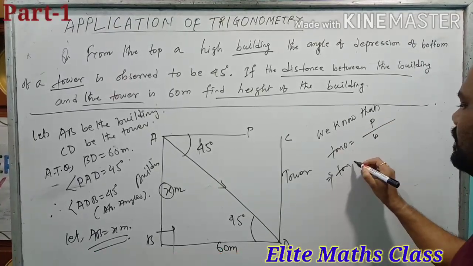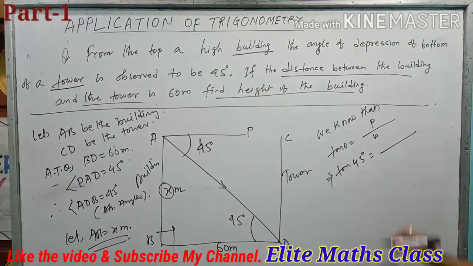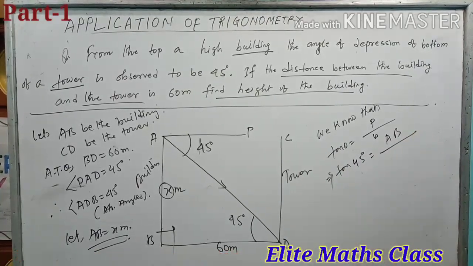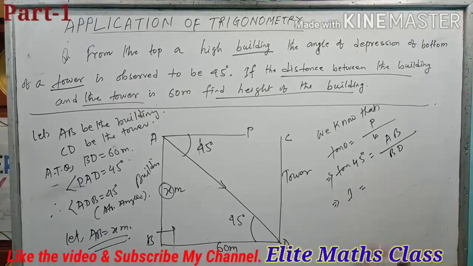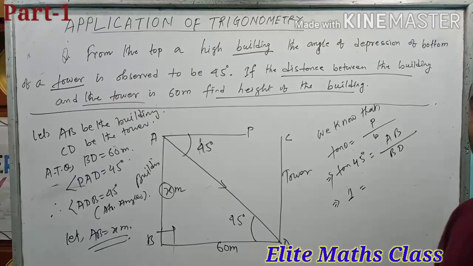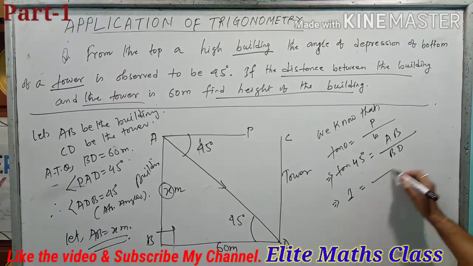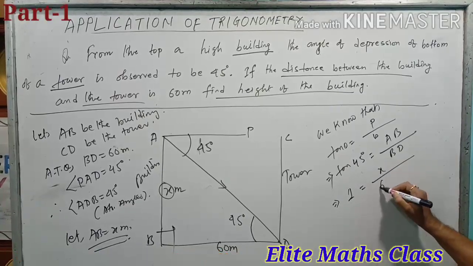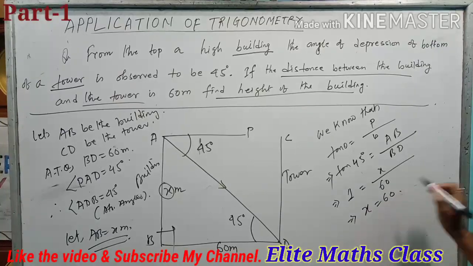Now theta is here 45 degree. Perpendicular is AB, base is BD. Tan 45 degree, value of tan 45 degree is 1. You see the table. It is better to memorize all the values. Now AB is x, BD is 60. So by cross multiplying, x equal to 60.